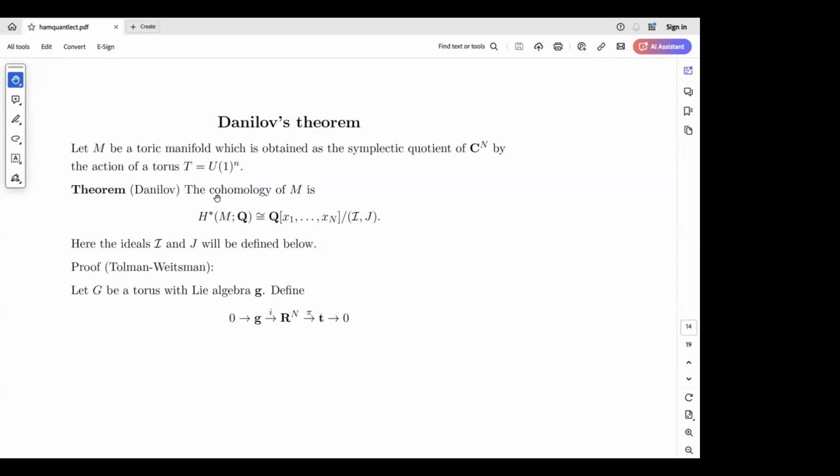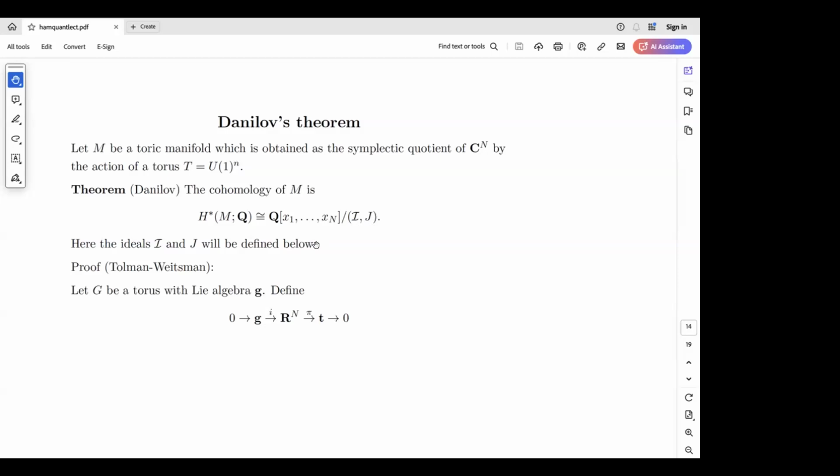So Danilov's theorem says that the cohomology of M, with rational coefficients, is isomorphic to a polynomial ring in capital N variables over Q, quotiented by two ideals, which I'll write as script I and J. Those will be defined shortly.